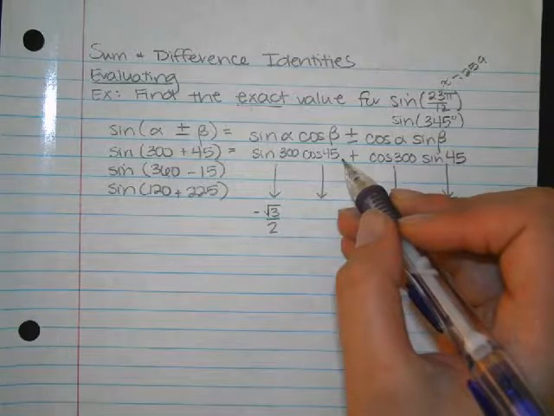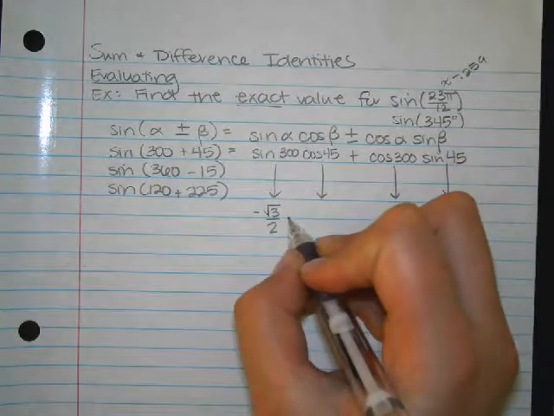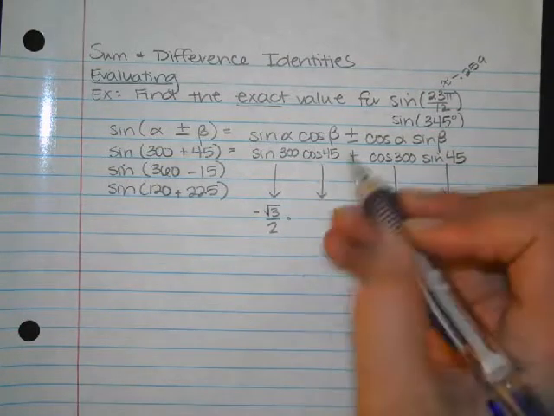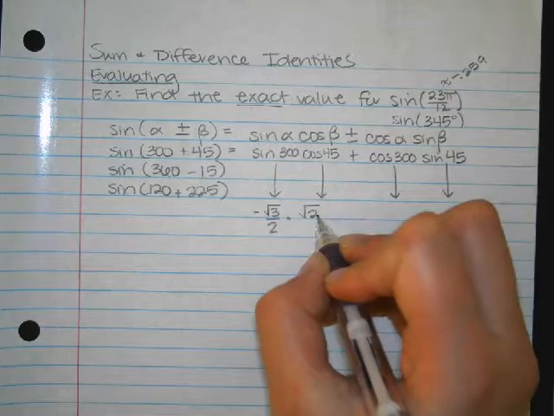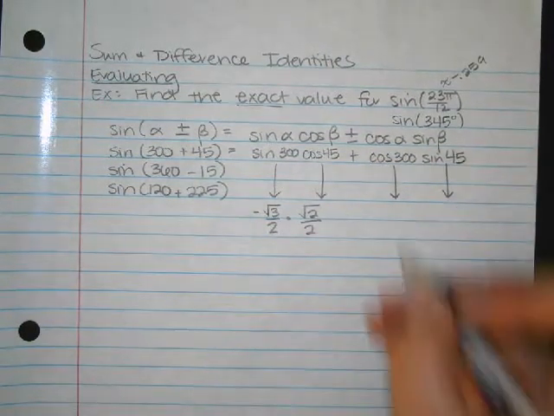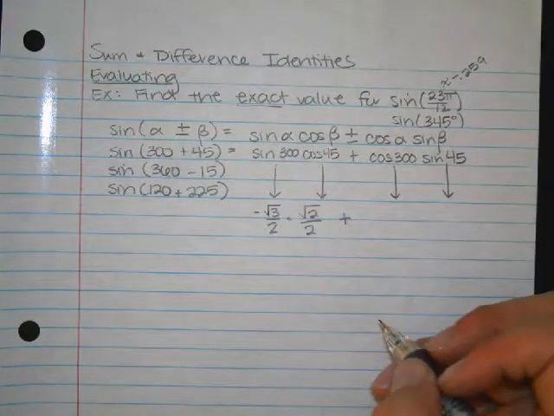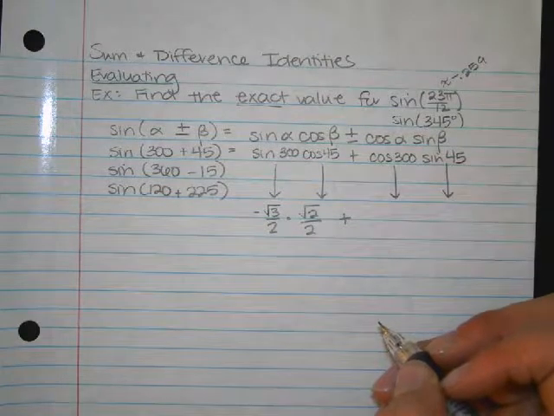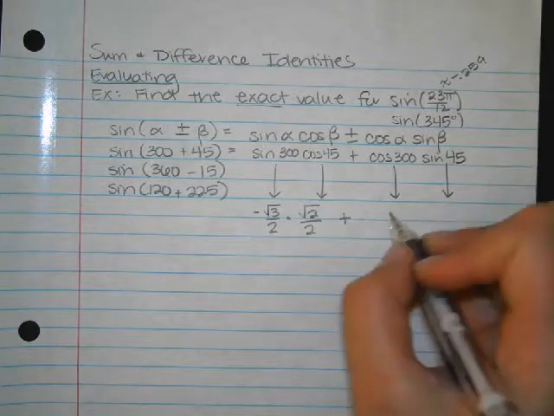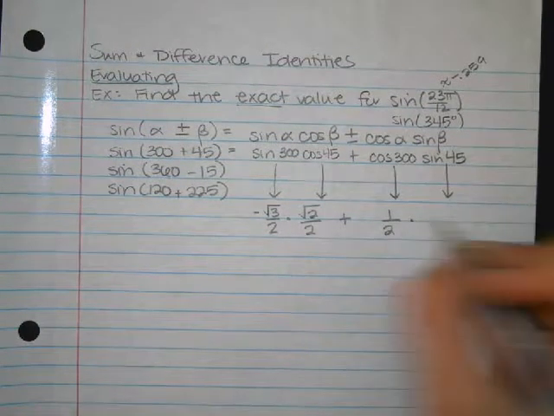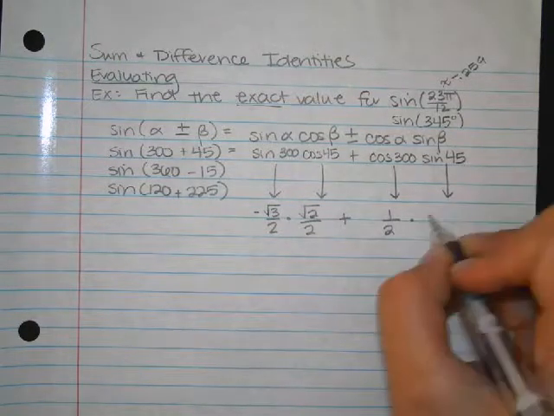Cos at 45 or cos at pi fourths is root 2 over 2. So these are written right next to each other, which means we're multiplying. So multiplied by root 2 over 2, plus cos of 300, positive 1/2, times sine of 45, root 2 over 2.